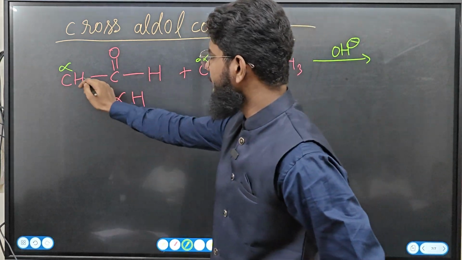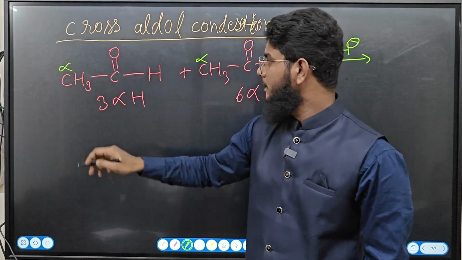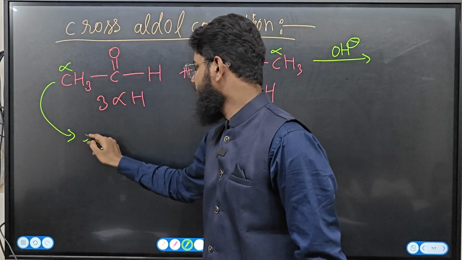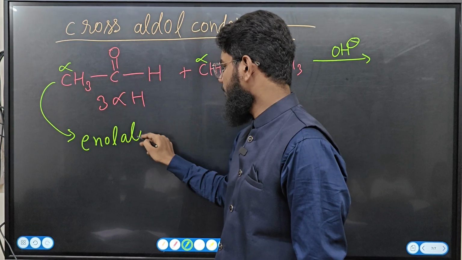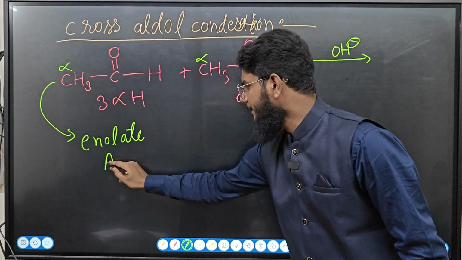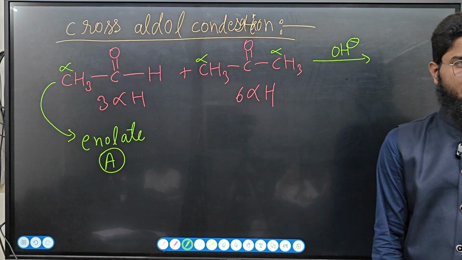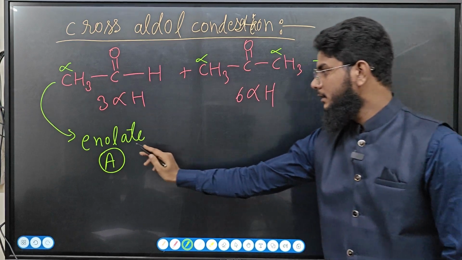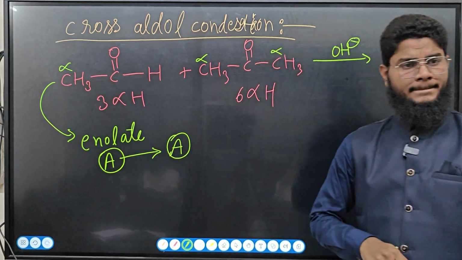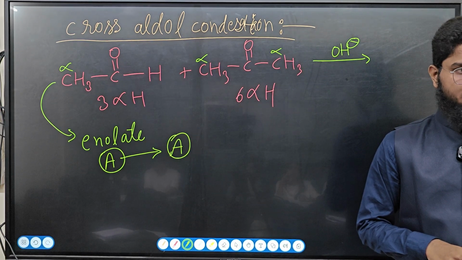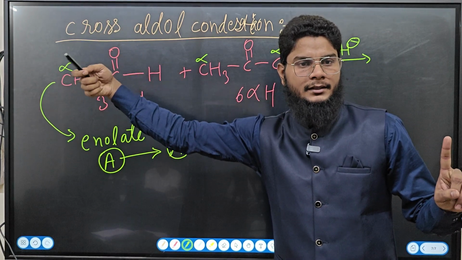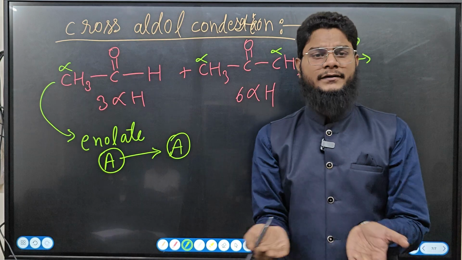So suppose this is forming enolate. In the first case, this one is forming enolate. Now suppose this is A. This A can react with another molecule of A. One possibility: this acetaldehyde can react with another molecule of acetaldehyde, because there are so many acetaldehyde molecules in your reaction vessel.